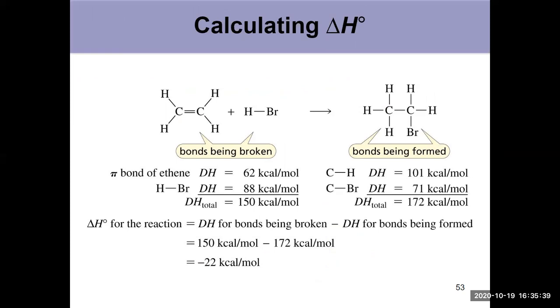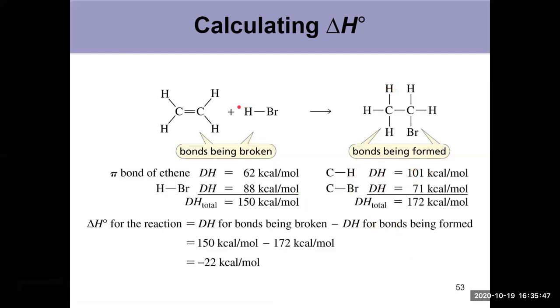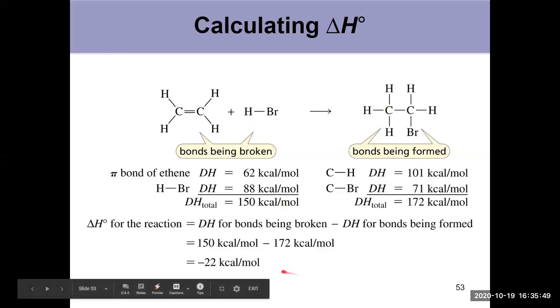Looking at this reaction here, I calculate these bond dissociation enthalpies. I have the product, I have the reactants. So I look at this reaction, negative 22 kilocalories per mole, something that's easy to calculate.